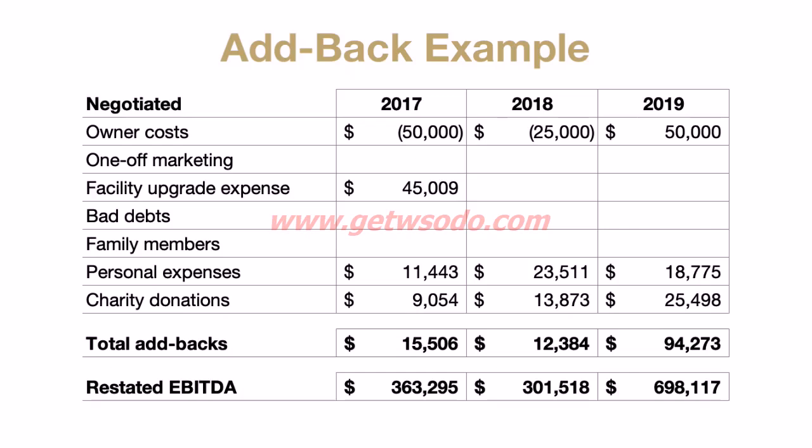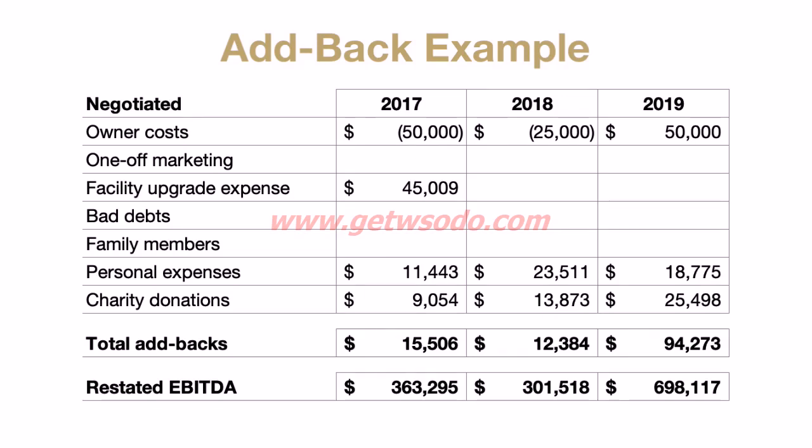So since the owner only paid himself $50,000 in 2017 and $75,000 in 2018, I actually reduced the profit by $50,000 and $25,000 respectively. In 2019, the owner paid himself $150,000. So that's a legitimate $50,000 add back, but just in that 1 year. That's the $150,000 he paid himself less the $100,000 per year cost for a GM to replace him.